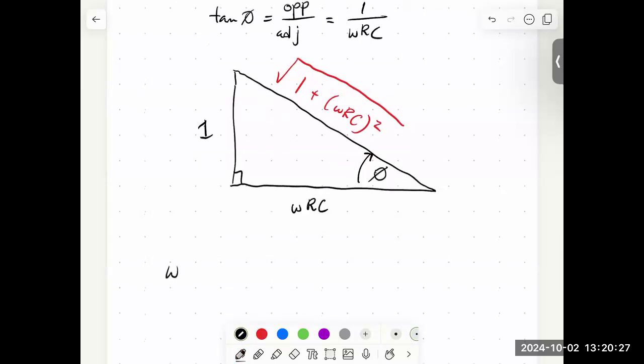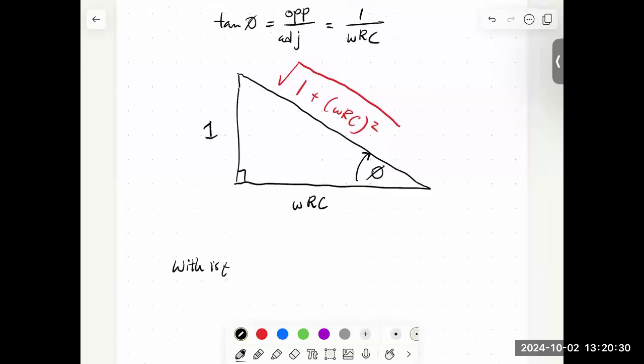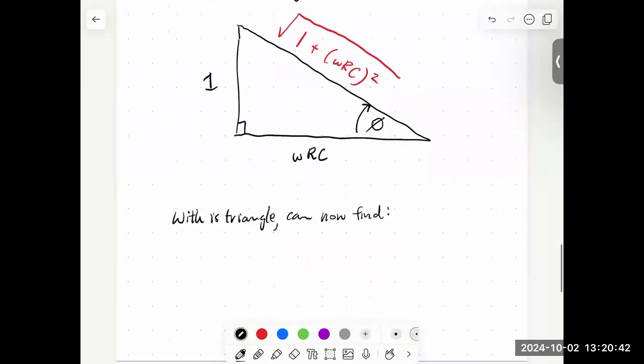So with this triangle, we can now find, okay, cos phi is equal to the adjacent over the hypotenuse, omega RC divided by the square root of 1 plus omega RC squared. And then the sine of phi is the opposite over the hypotenuse, so it's 1 divided by that square root.